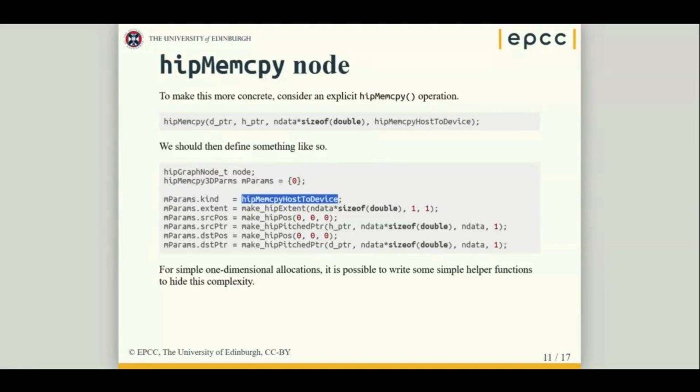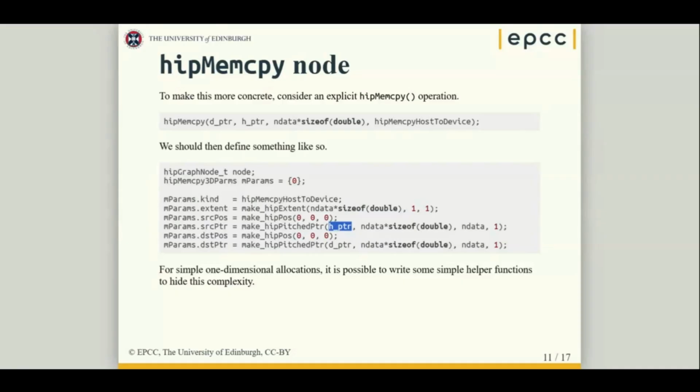Also, this is a little more work, we will need to execute make hipPos, because we are not having any offset, so we are using 0, 0, 0, the same. And for the source and destination pointers, I use this function, make hipPitchedPtr.